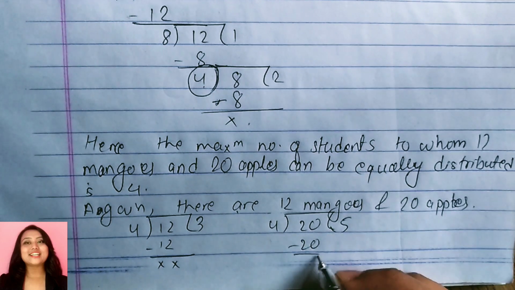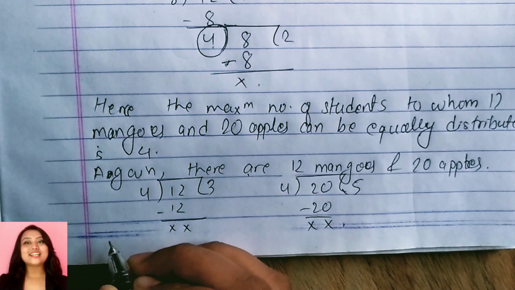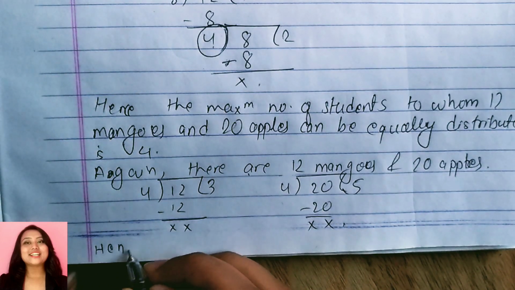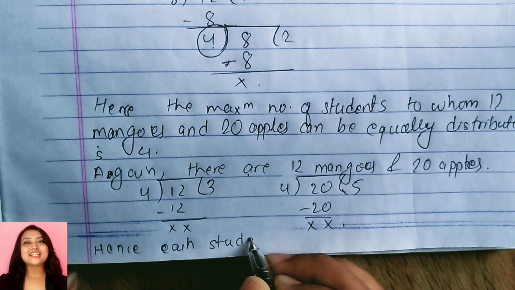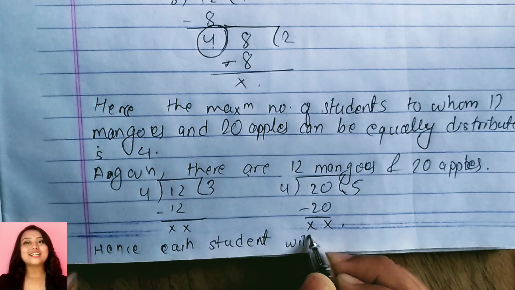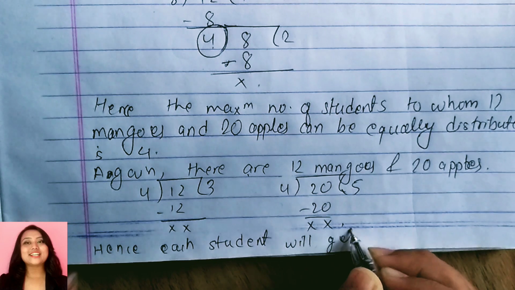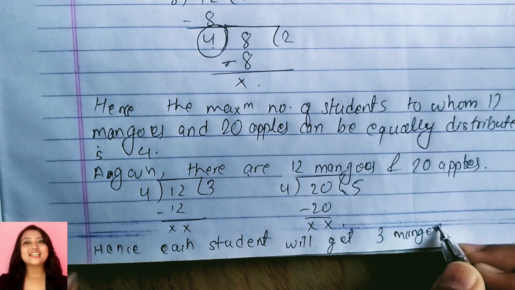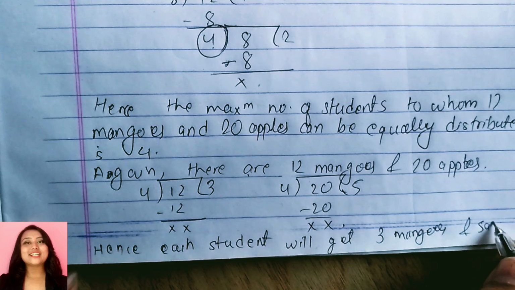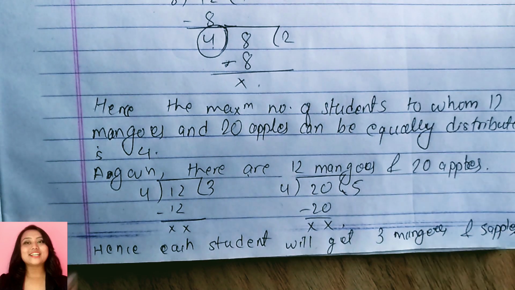The remainder is 0. So hence each student will get 3 mangoes and 5 apples. So this is the answer.